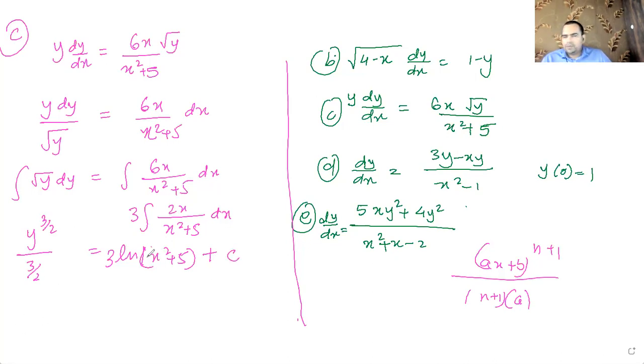And of course, then you make y the subject of the formula. So y to the power 3 over 2 equals 6 over 3 ln of x squared plus 5, which is obviously 2 here, and plus c.